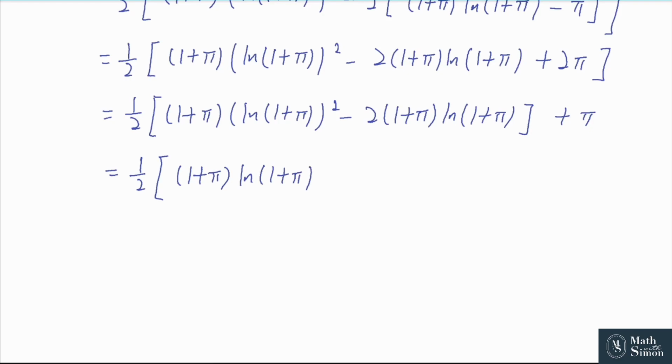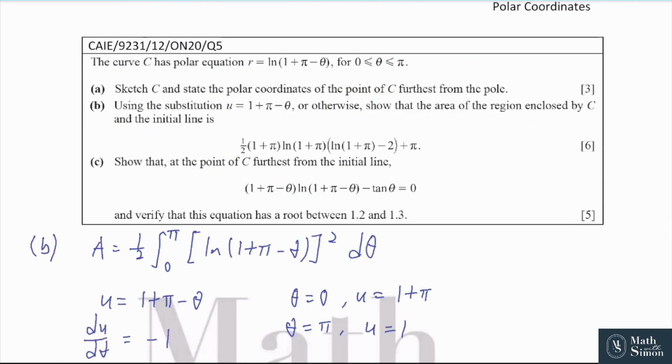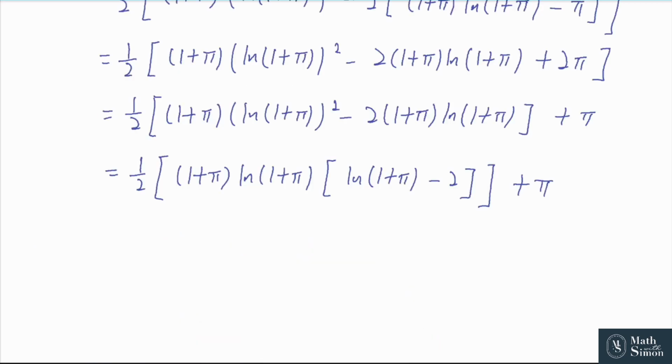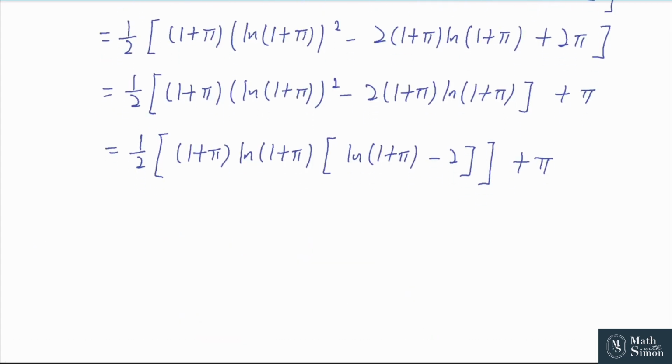So once we factorize these two terms out, we still have one of the ln 1 plus pi, and then we have a minus 2. Okay, and let's see. So you see, this is exactly what the question wants us to prove. So this is our result at the end of the day.